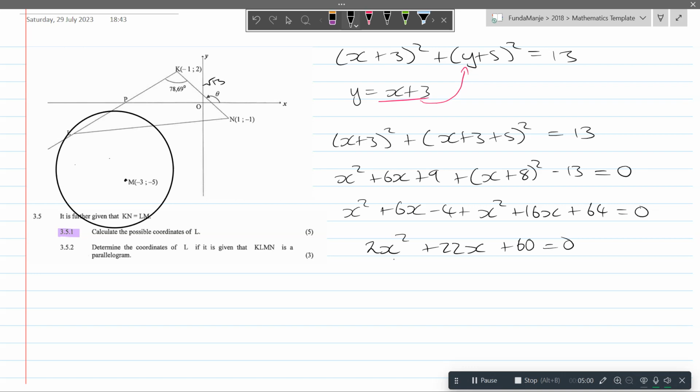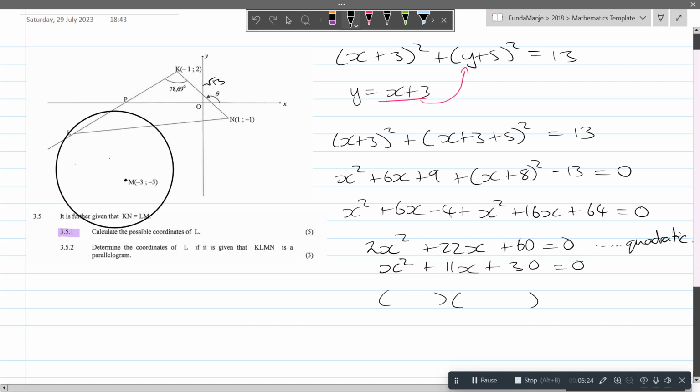At this point, we can divide everything by 2 to get x squared plus 11x plus 30 is equal to 0. Then you can open up your two brackets, or at this point you could use the quadratic formula, which is a viable option as well. So here we put our x there and our x there. Then the factors of 30 that we can use to create 11: we have 30 and 1, 15 and 2.